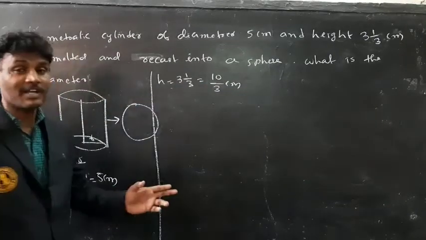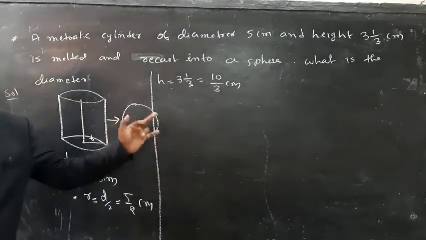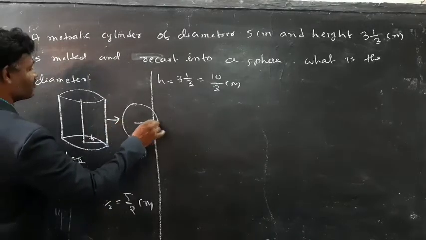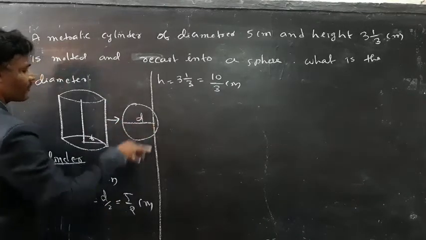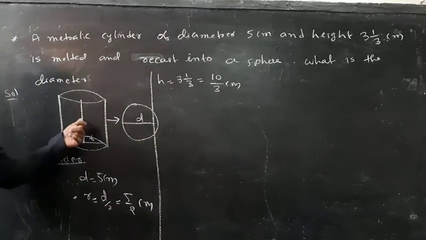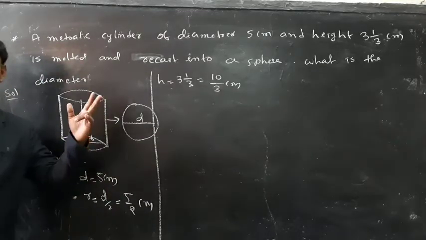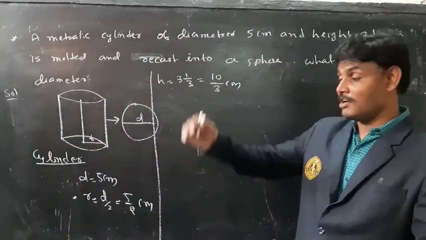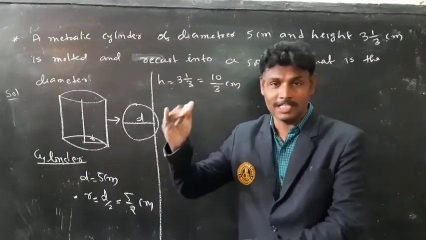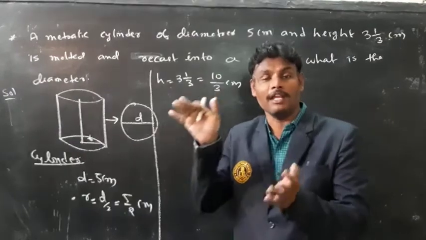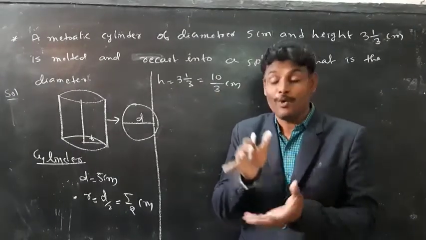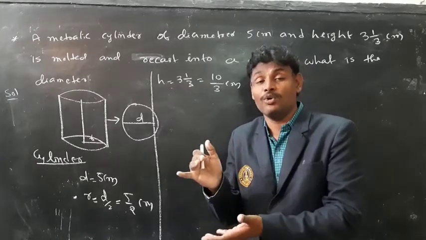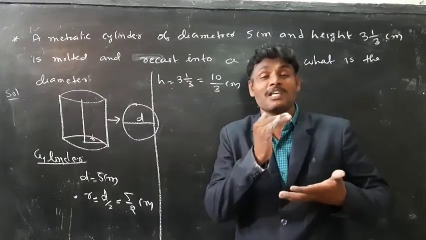So here is a conversion from cylinder to sphere. Then you have to find the radius and the diameter of the sphere. Here I know the measurements of the cylinder, but I don't know the dimensions of the sphere.